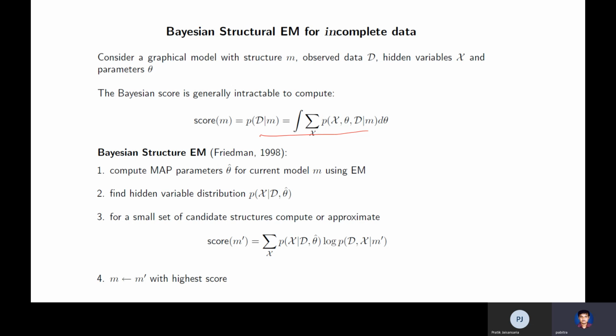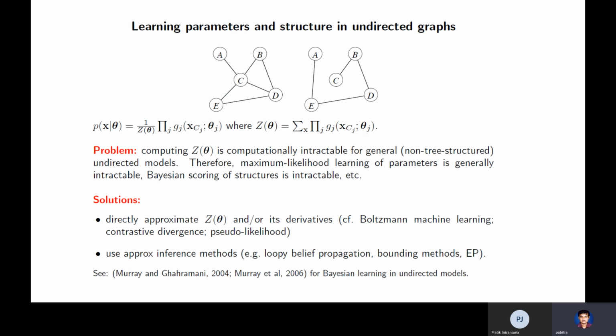So you take the expectation over the hidden variables, and if the score is higher, you replace M by M prime. M prime is the best candidate structure among a small set of candidate structures obtained from M. This way you proceed.